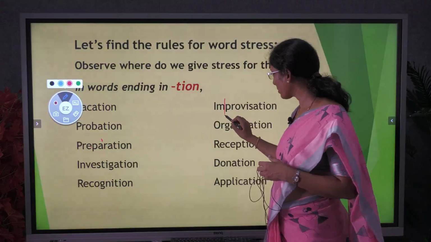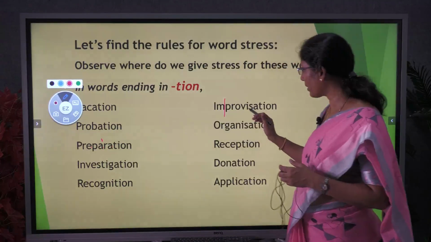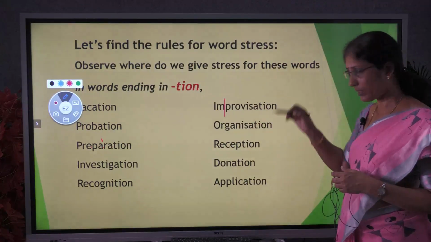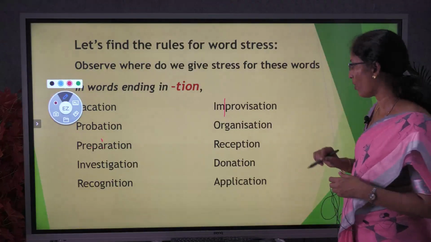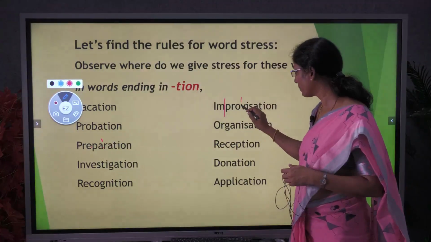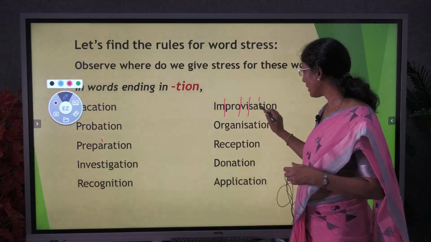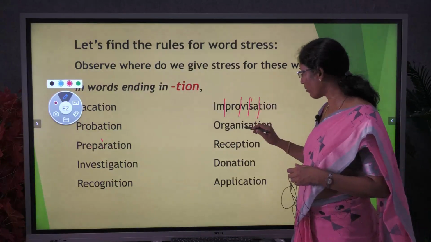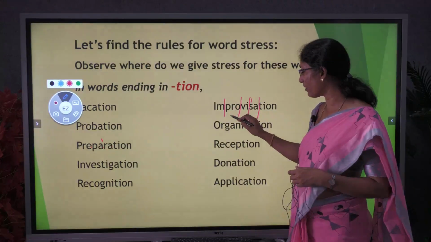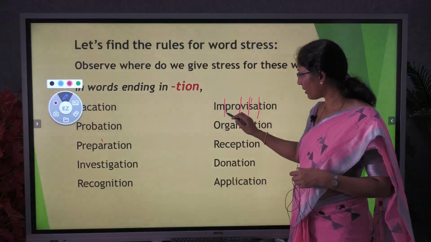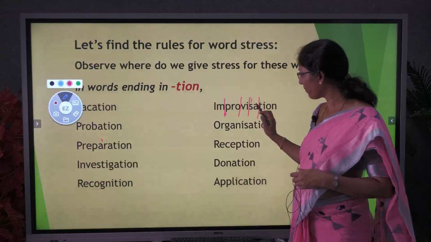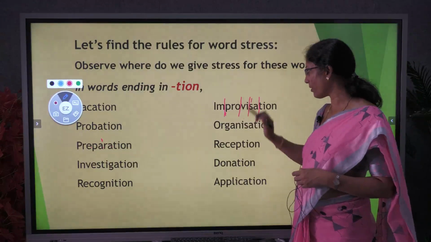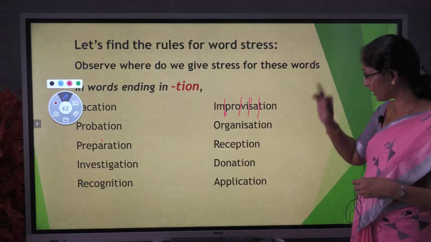You can mark the syllabic division with a line or dot. Improvisation. So where will be the secondary stress? Definitely the secondary stress is on the second syllable from the beginning. Improvisation.